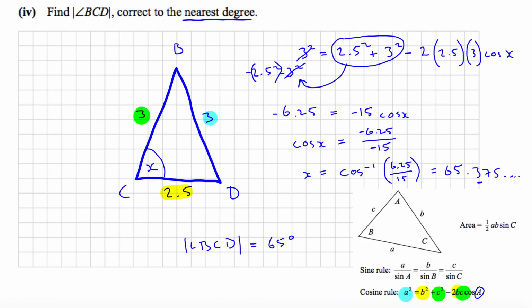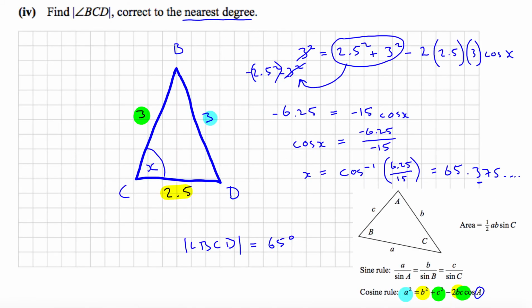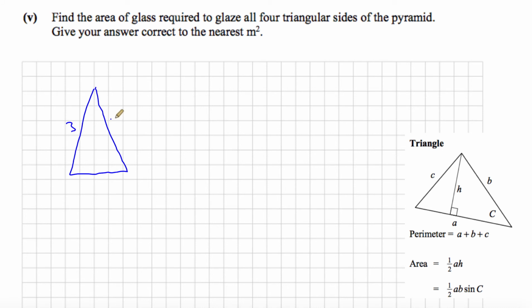So for that one there, BCD, I have that's 3, that's 3. Remember this was 65, so that means this here is 65 degrees.